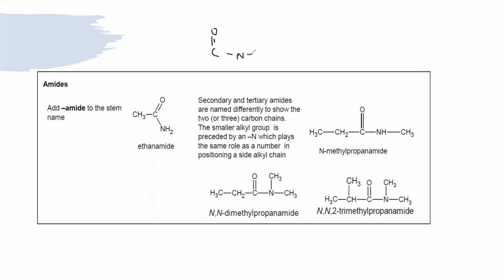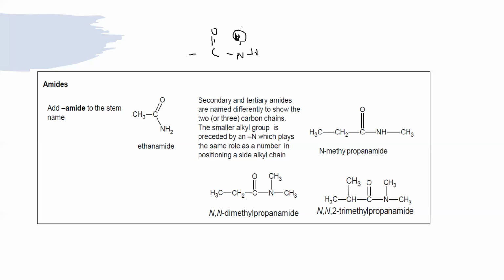So the nitrogen, if 2 hydrogens are attached to nitrogen, in this case we call that a primary amide.